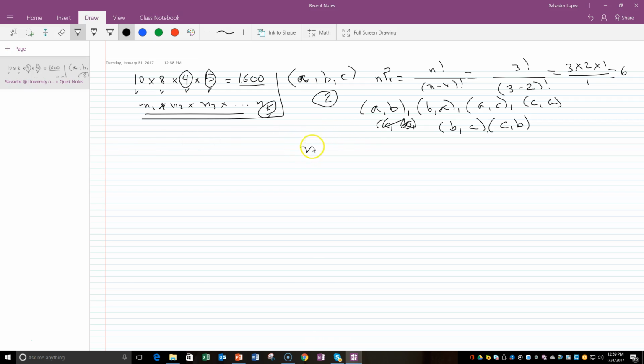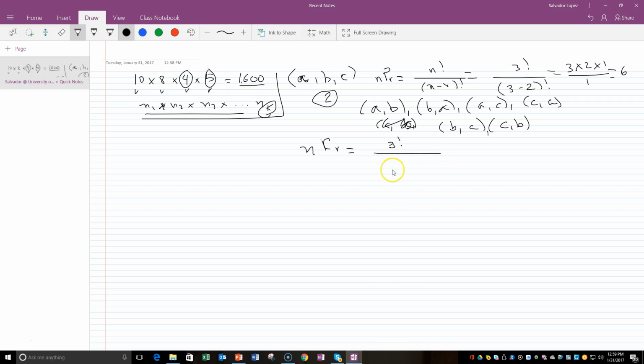Now in the case of combinations, in how many ways can I select 2 letters from these 3, assuming that the order doesn't matter? So that's the case of combination.